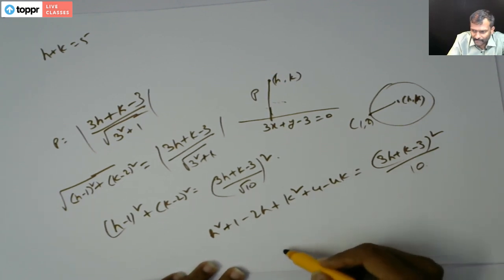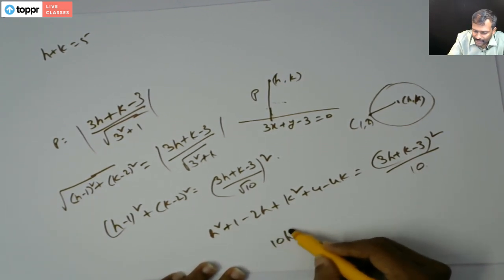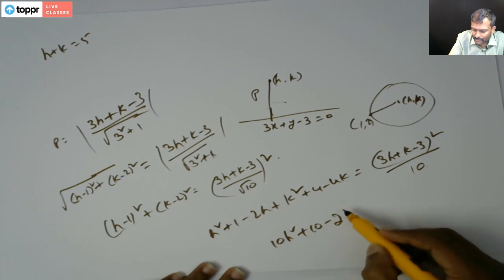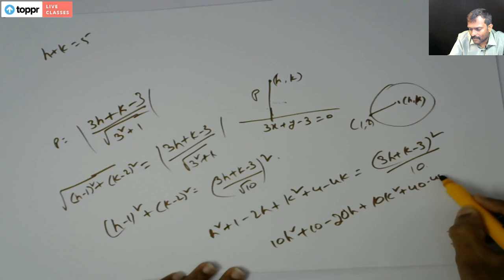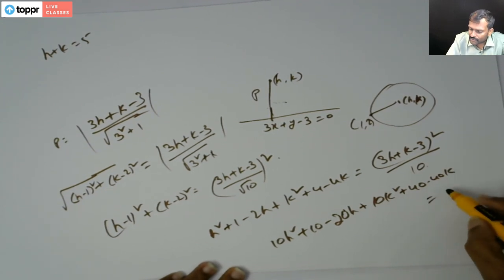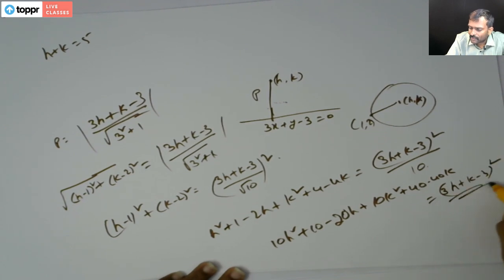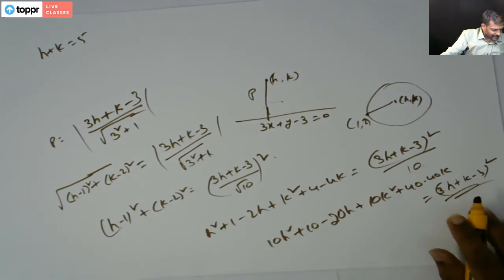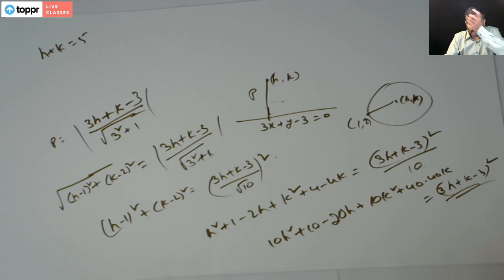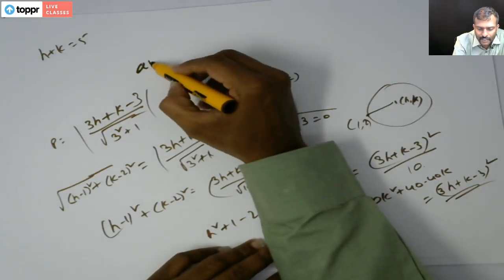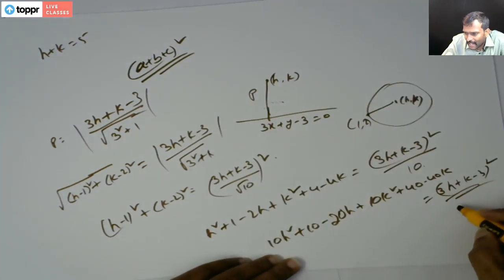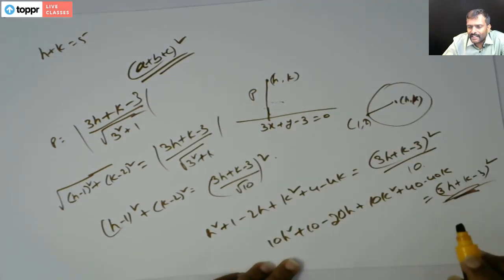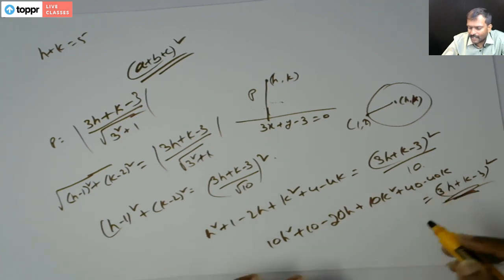So you can cross multiply and simplify to 10h square plus 10 minus 20h plus 10k square plus 40 minus 40k equals 3h plus k minus 3 whole square. This one you can again expand using the a plus b plus c whole square formula.